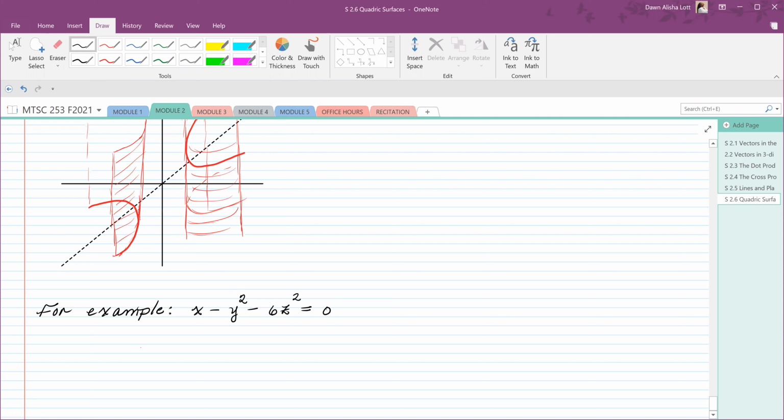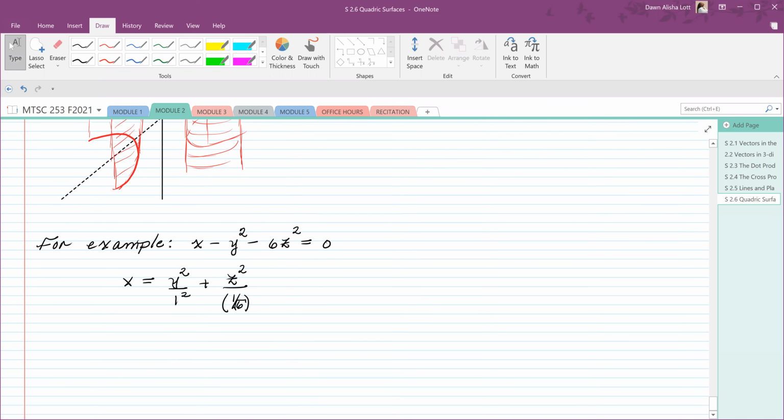So this now says x is equal to y squared over 1 squared plus z squared over 1 over the square root of 6 squared. Okay, so this is the same thing.